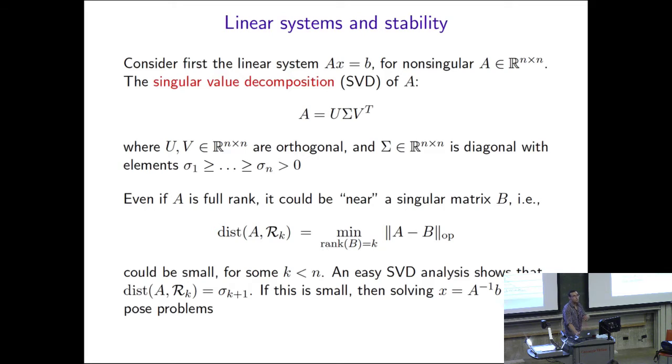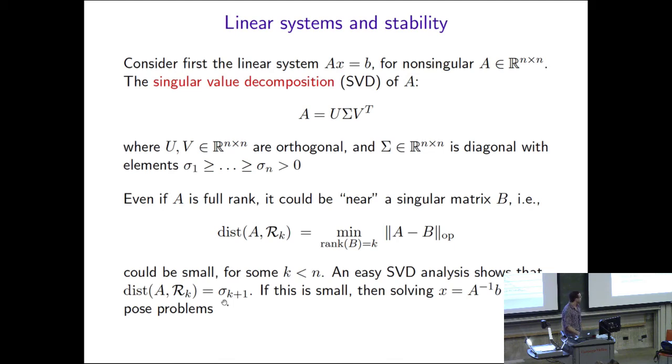So it's close to some rank k matrix in operator norm. This script R_k is the set of all matrices B whose rank is k, and this distance is the smallest I can make the operator norm of A minus B over all such matrices B. If that's small, then it's going to be hard to solve a linear system in A. It's going to be numerically difficult.